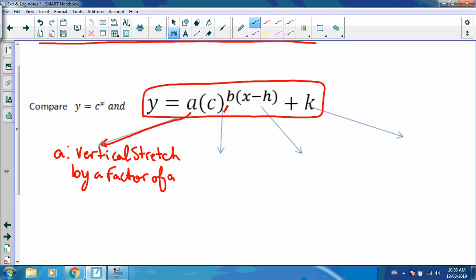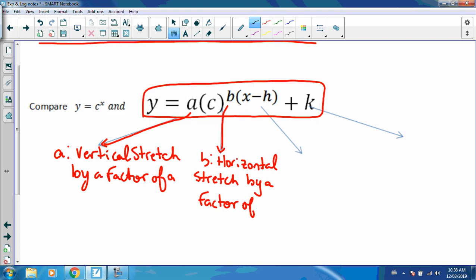Okay, and then b is the horizontal stretch by a factor 1 over b. So remember that here the factor and b are reciprocals. And then h, again watch the sign with h.